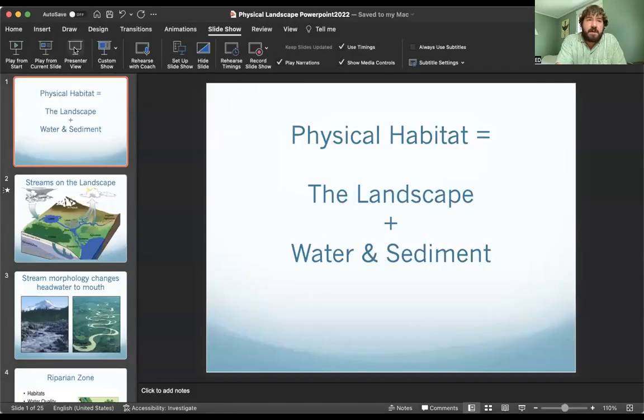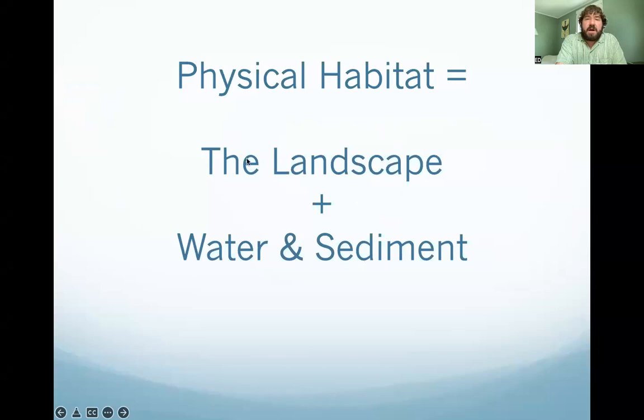So when we talk about physical habitat, what we're really talking about is how the living elements of the stream and the area around the stream, like plants and trees, influence physical habitat conditions, and how the abiotic factors, the non-living elements, sediments and substrate, rocks, and the water just moving through the system, all interact to create habitat conditions in the stream.